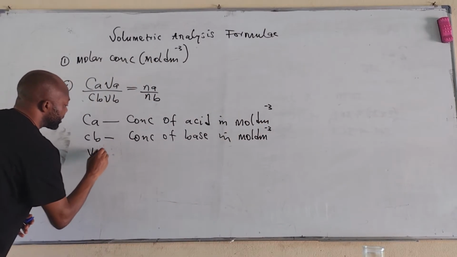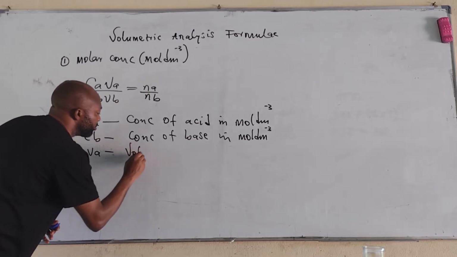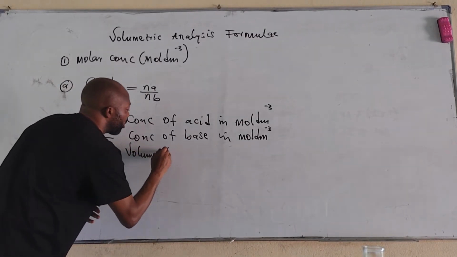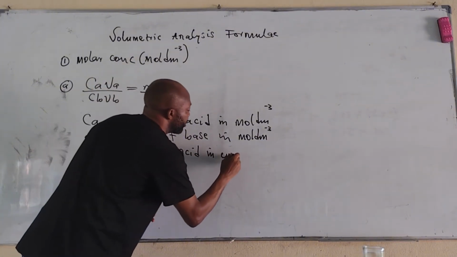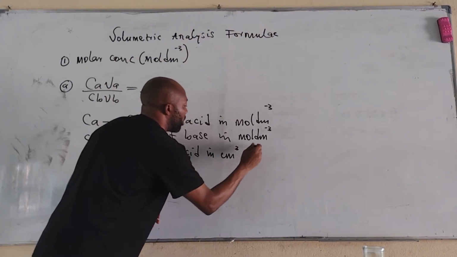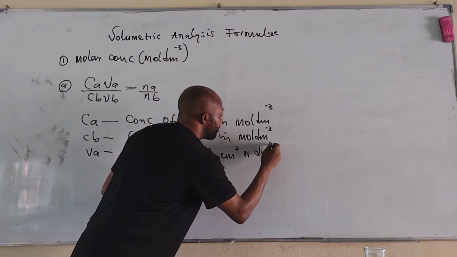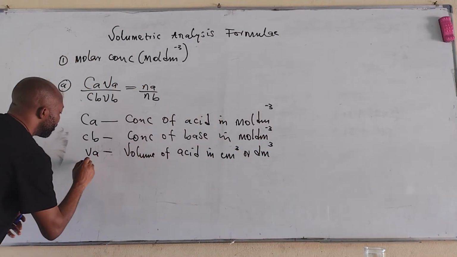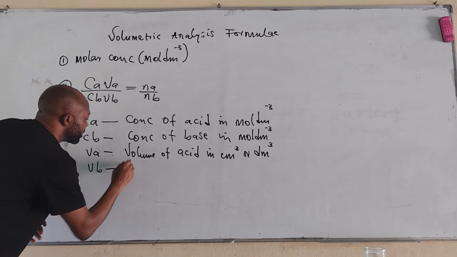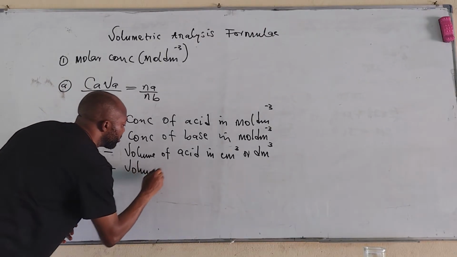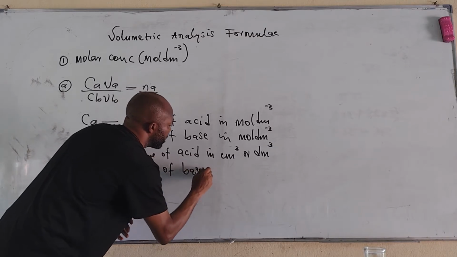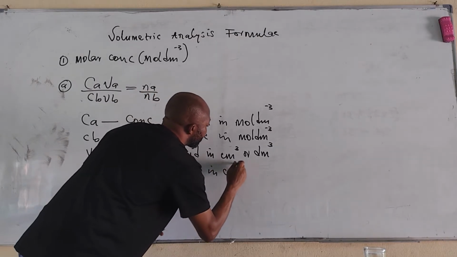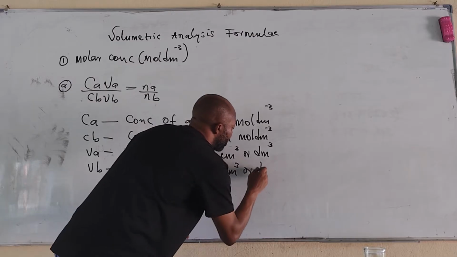VA means volume of acid in cm³ or dm³. VB means volume of base in cm³ or dm³.